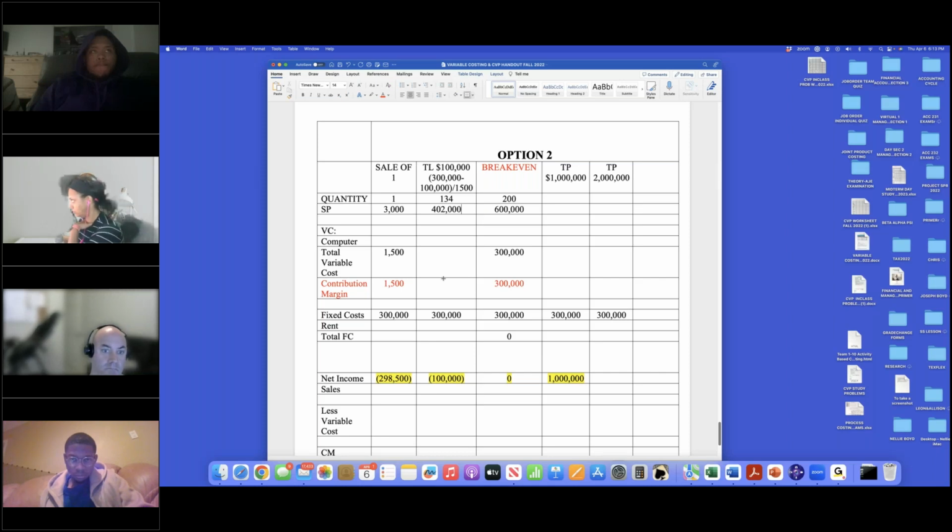Okay. So 1,500 times the 134 is going to be what? 201,000. So our contribution margin is 201,000. Our loss is 300 minus that, so we get close to it.